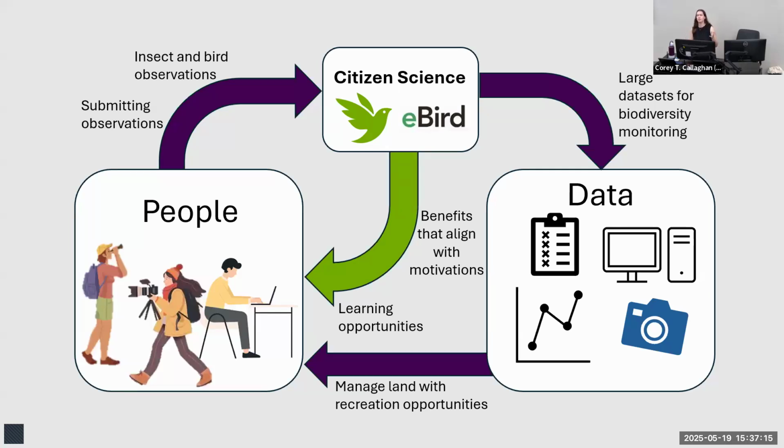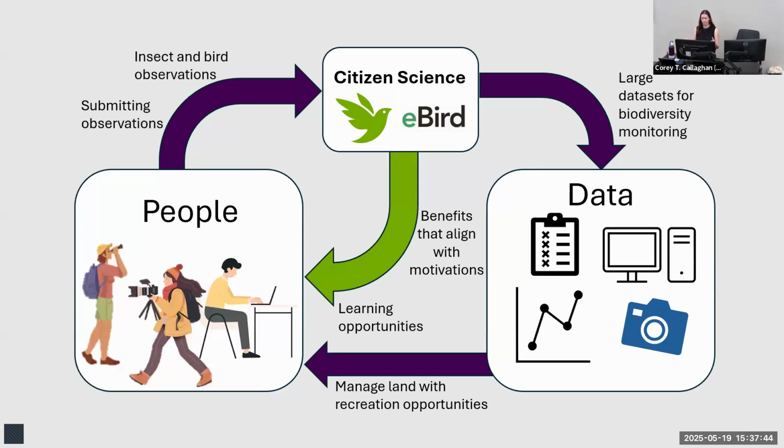We saw that people connect to citizen science by submitting observations, and that they're submitting a lot of insect and bird observations that are important in state parks in Florida. Then citizen science returns benefits that align with motivations to people, and some of those would be learning opportunities, at least with iNaturalist. Then citizen science is contributing large data sets for biodiversity monitoring.